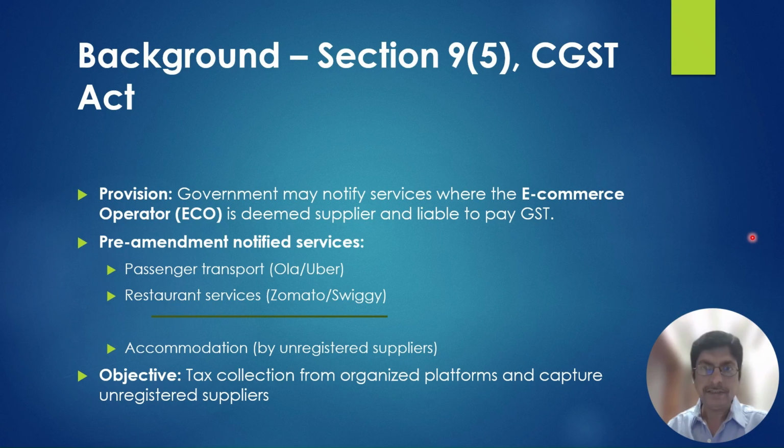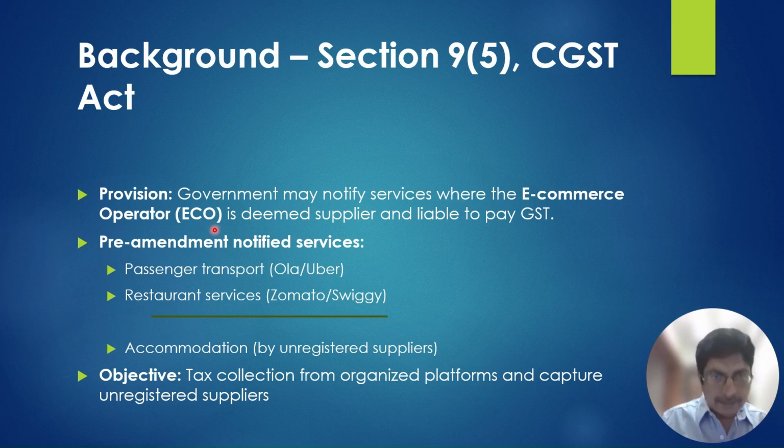The first category is passenger transportation, like Ola, Uber, and restaurant service. In this case, irrespective of whether the service provider is registered under GST or not, the ECO, that is the aggregator, electronic commerce operator, will pay the full tax.